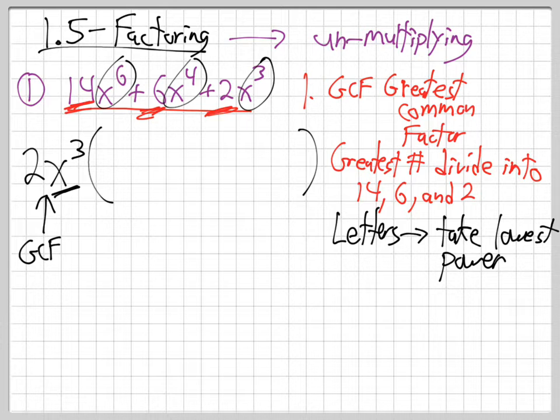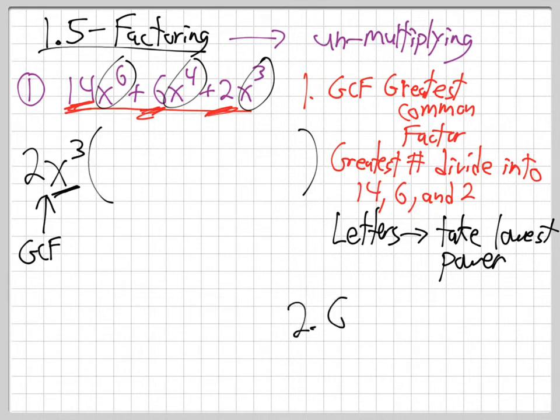We're finding the greatest thing they share in common. They all have at least 3 X's. Some have more. 2 goes into all of the numbers in the front. So this is the greatest thing that goes into all of them. It's the greatest common factor. Making sense? Now, that goes on the outside in the very front.